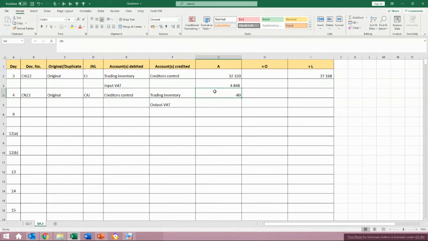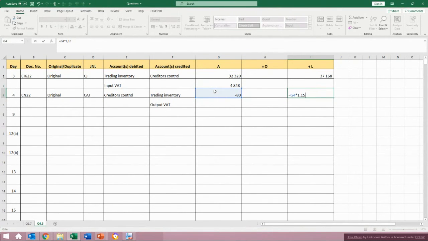So when I return it, I return it for the price including VAT. So I take the amount that it cost me and I return it for that price. So what now happens is my amount under liabilities needs to include the VAT percentage.